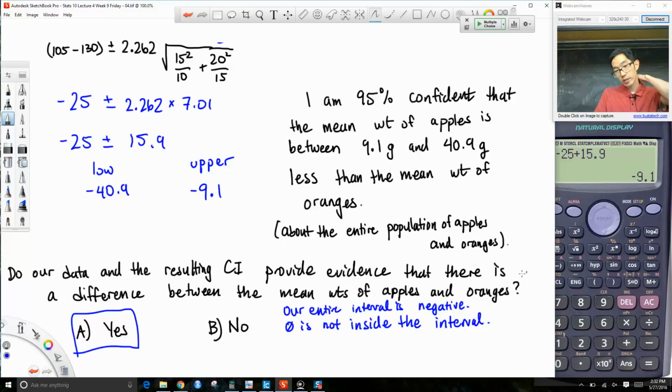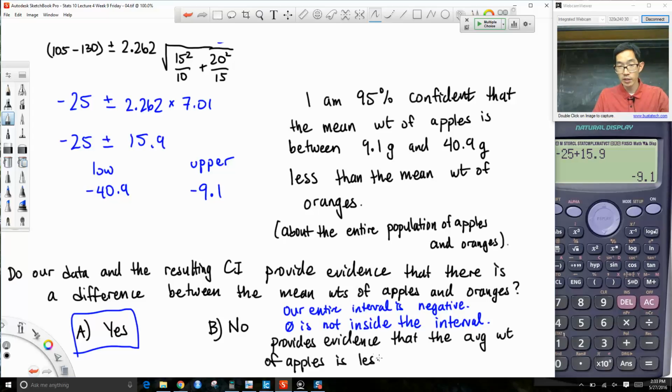And so this provides evidence that the average weight of apples is less than the mean weight of oranges.